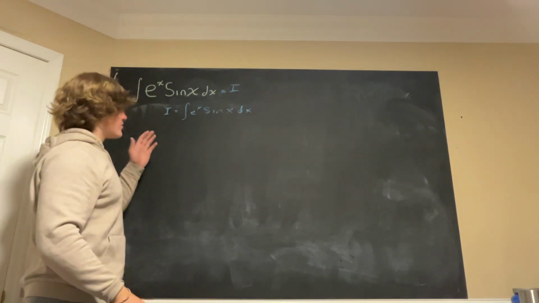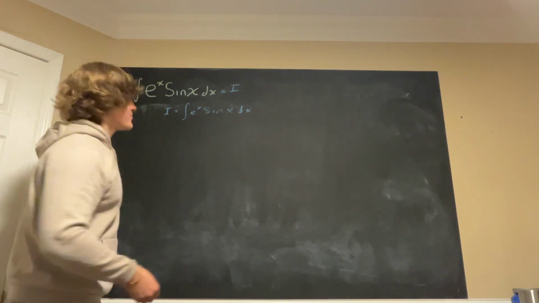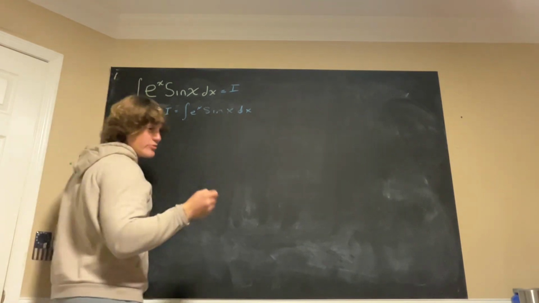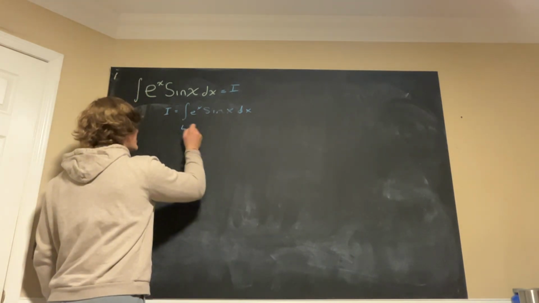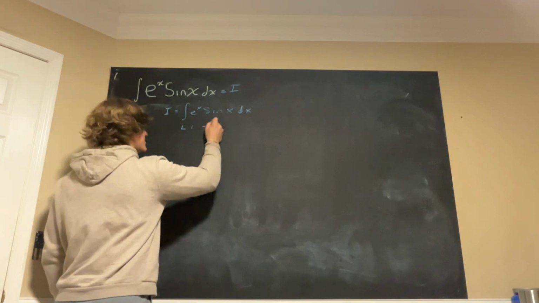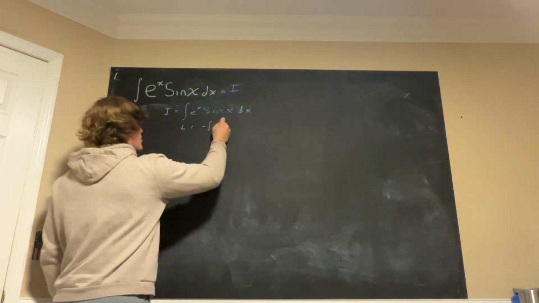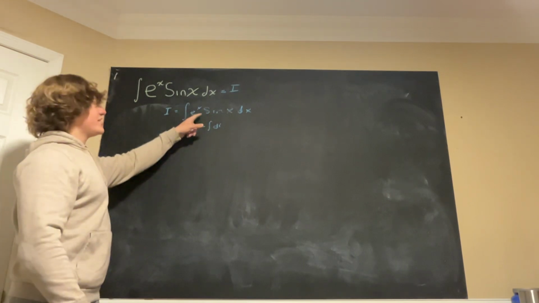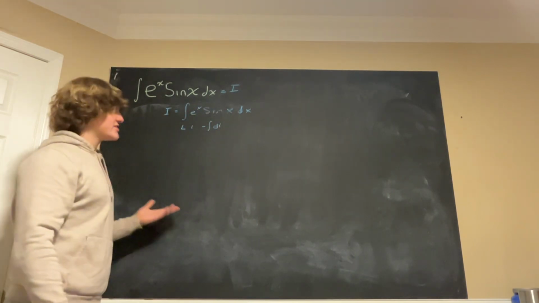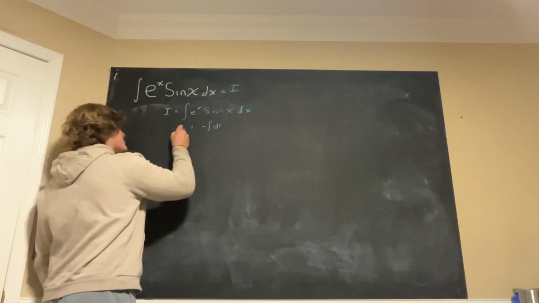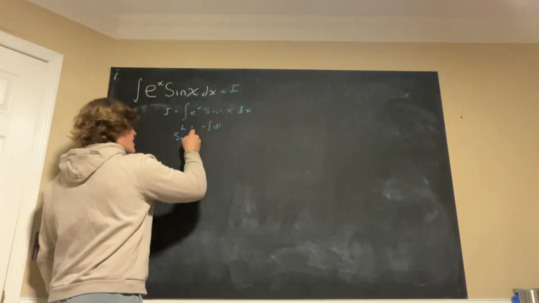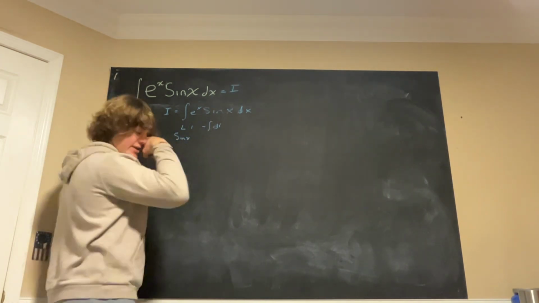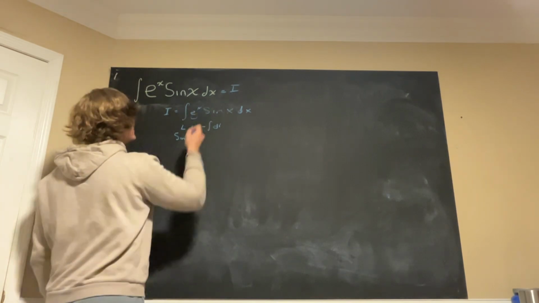Now, our next step is going to be a quick integration by parts on this. How I do an integration by parts is I write out L I minus integral of D I, where you multiply these terms. So you leave one term. In this case, I'm choosing sine of x as it makes this easier. So I will leave sine of x, so we get sine x. Then we integrate the second term, which in this case is e to the x.